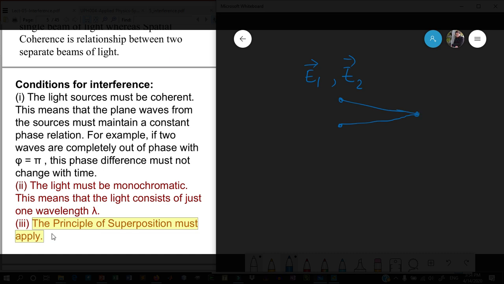So here it's E1, here it's E2, and let's say the final light is E12, and that must be E1 plus E2. This is called the superposition principle: the resultant is always a vector sum of the lights which are meeting at that point. So this condition must be satisfied. These are the three conditions for interference.